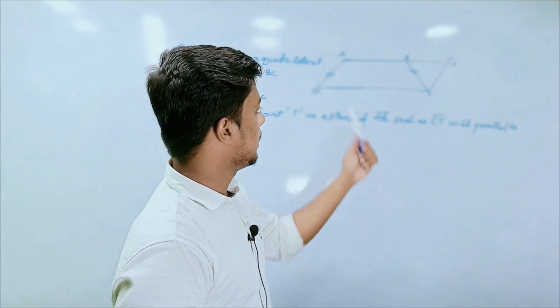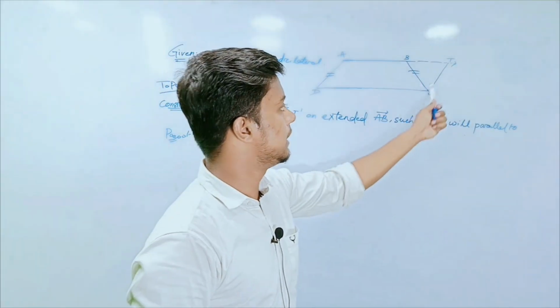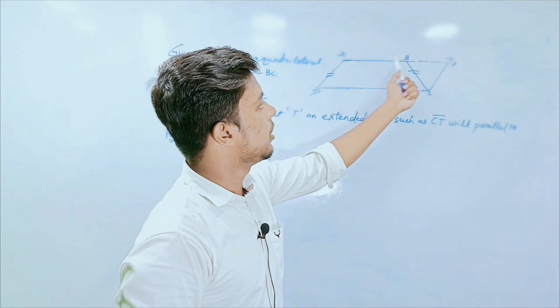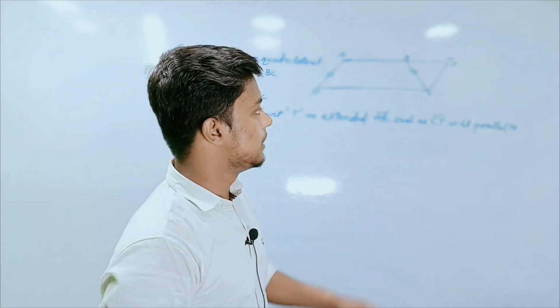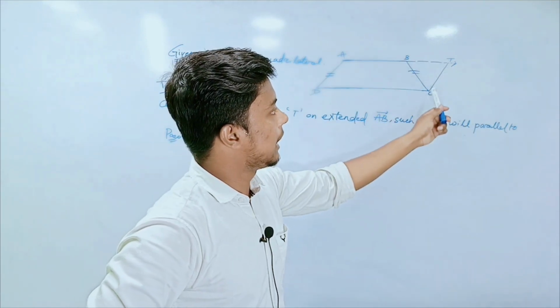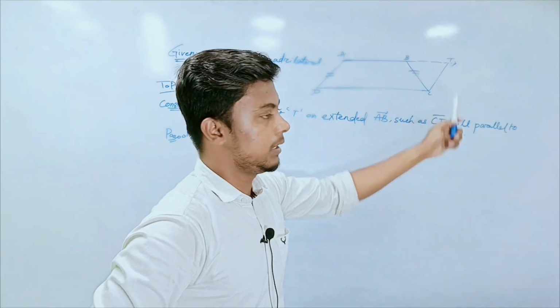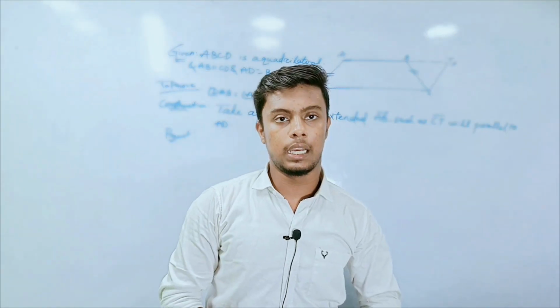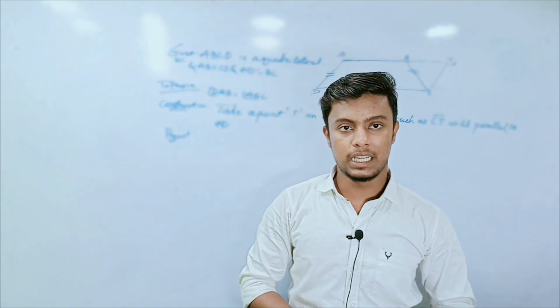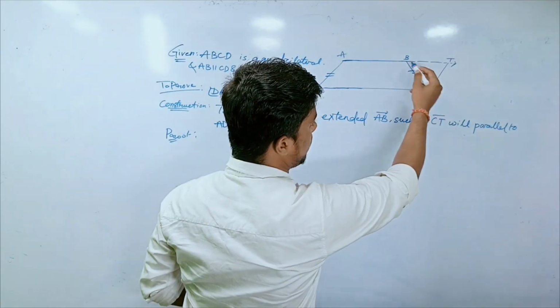For equating DCT and ABC, we took the help of triangle BCT and the exterior angle ABC. You know that in a triangle, the exterior angle equals the sum of the opposite interior angles. So angle ABC equals BTC plus BCT.